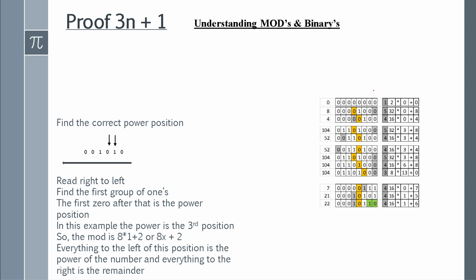So the add 1 only happens on the remainder side. It doesn't affect the power side of the number. But we did a 3x plus 1 to the power side when we did just the multiple of 3. And then when we add 1, we're only modifying the remainder side of that number.